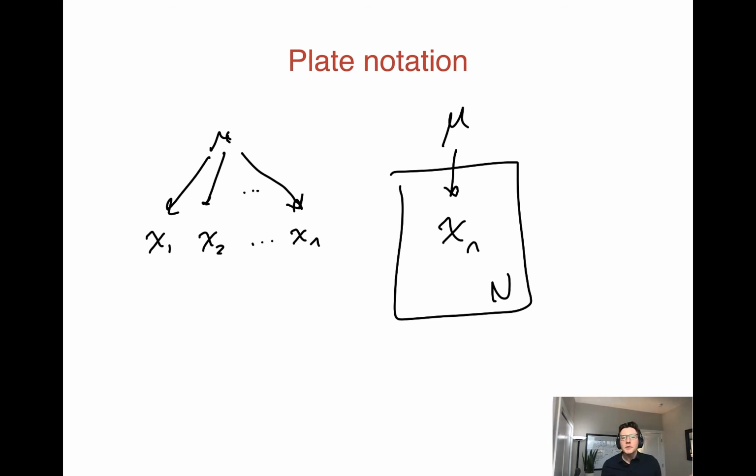We're going to see plate notation a lot in this course, and you'll see it a lot in machine learning because it's very common that you have many observations of a variable that's distributed the same way. In particular, the plates are often going to look like this, where you have many observations, and then there are some parameters that live outside the plate.